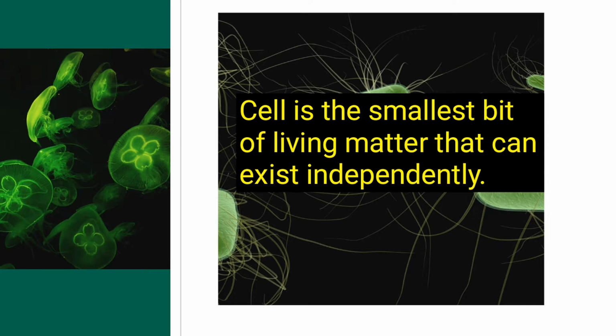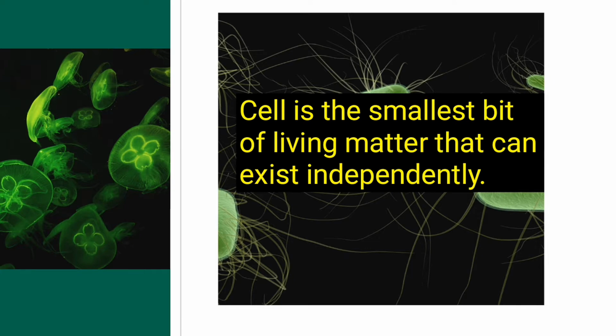That is, in this aspect of cell, they can exist singly or they can exist on their own. So this talks about the aspect of unicellular organisms. We understand uni is what? One. Cellular is cell. So this talks about an organism possessing just one cell.